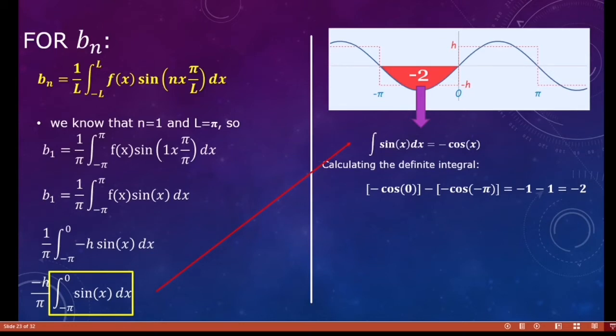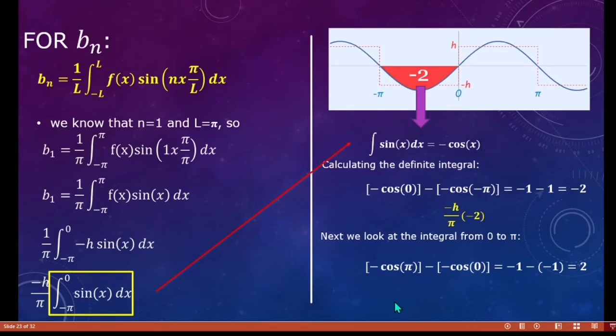Which means, substitute natin, we have negative h over pi times negative 2. And dito tayo sa kabila, from 0 to pi. So we have negative cosine pi minus negative cosine 0 equals negative 1 minus negative 1 is equal to positive 2.